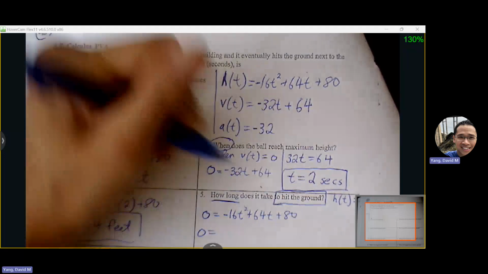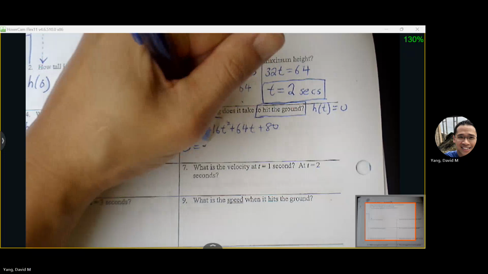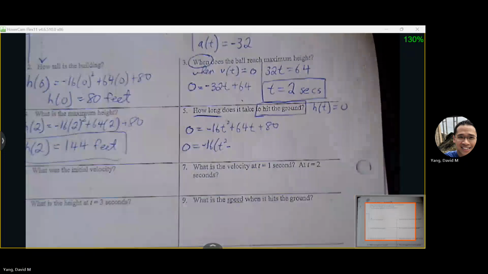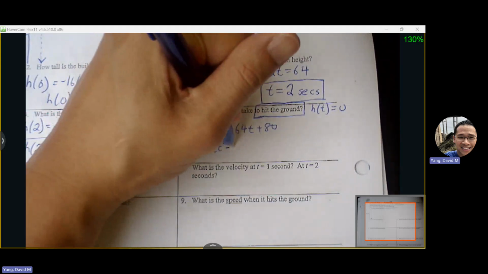This is something that we can factor. This is trinomial factoring, but we always want to start off with GCF. So I can factor out a -16. 64 divided by -16 is -4.